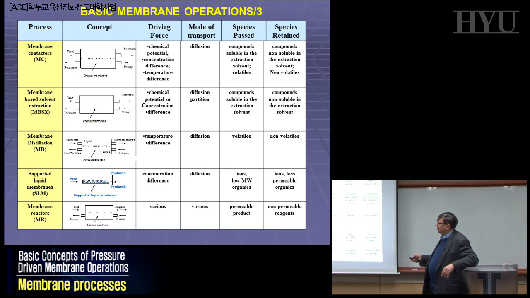You can also have membrane-based solvent extraction. In some of these porous membranes, we can entrap some of the complexing agents that people use in traditional extraction by solvents, and that's what we call liquid supported membranes. These complexing agents will operate as a carrier.